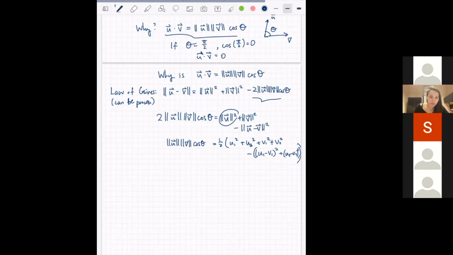And then you can multiply this out and you get a bunch of cancellation. You should get one half of 2 times u1 v1 plus 2 times u2 v2, which gives us u1 times v1 plus u2 times v2, which is just u dot v. I'm not going to do that part.